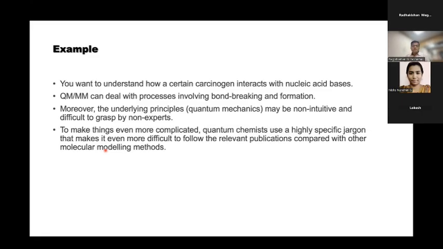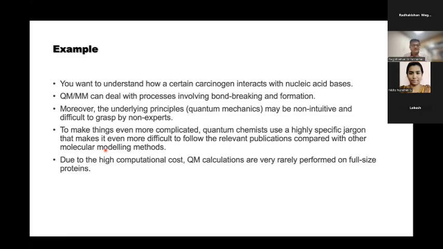To make things more complicated, quantum mechanics uses a lot of technical terms. You need at least a master's level understanding to understand what is LUMO, HOMO, and other types of terms. Okay, orbitals. You know some of those, like hybridization, from basic chemistry, your 11th and 12th, if you had chemistry. But they are a little bit jargony in nature.